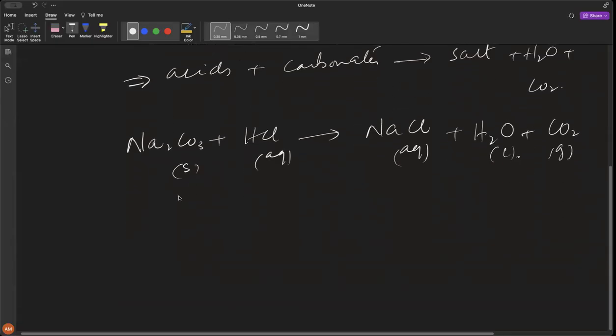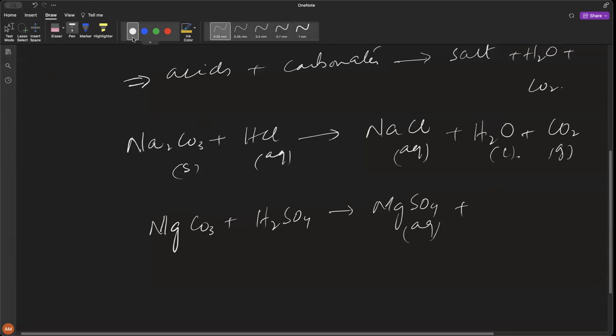Similarly, if you react magnesium carbonate with sulfuric acid, you're going to get magnesium sulfate, which is aqueous, plus water plus carbon dioxide. Well, let's take an example of an insoluble one.